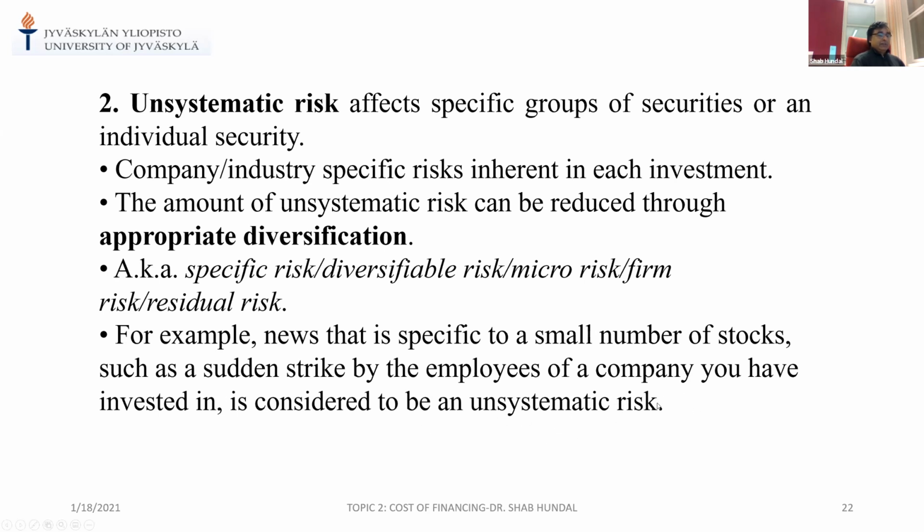But there is a solution to unsystematic risk, and that is the appropriate diversification. I want to take a halt here and ask you one question, because you guys have been very quiet. I want to wake you up. I want somebody to tell me, why did I use this phrase, appropriate diversification? I could have written that the amount of unsystematic risk can be reduced through diversification.